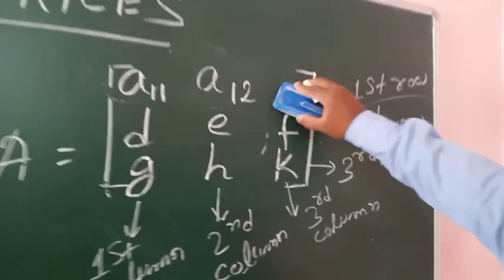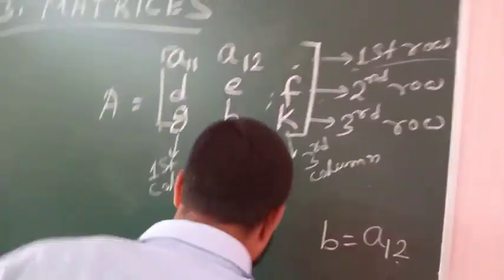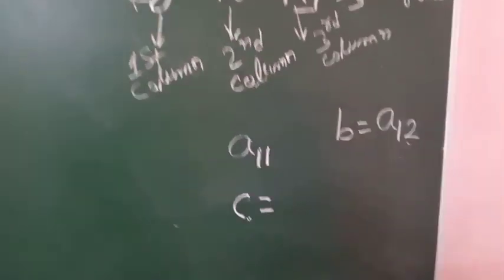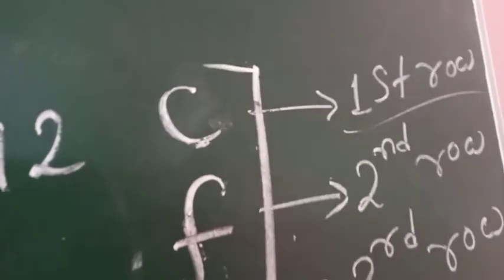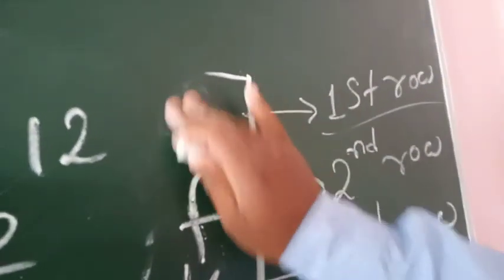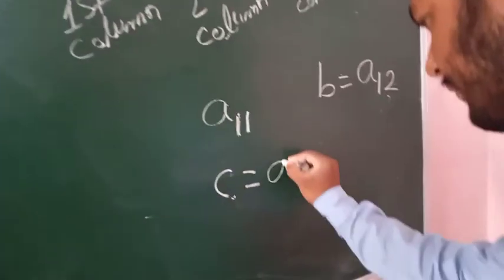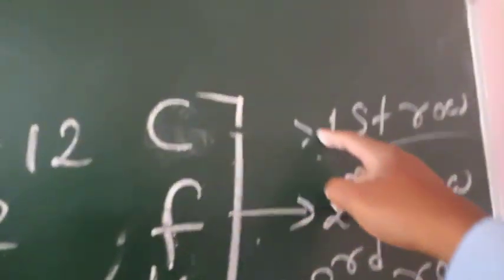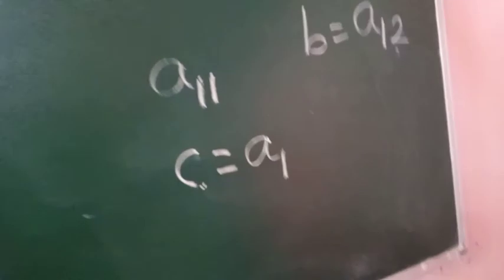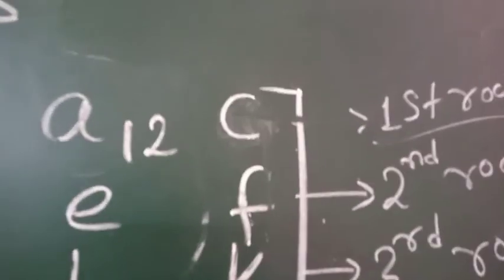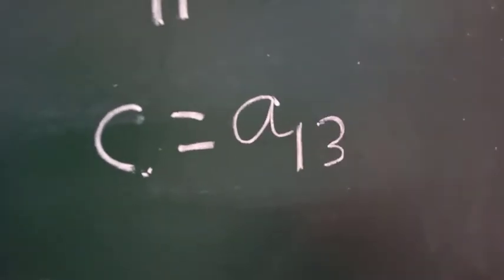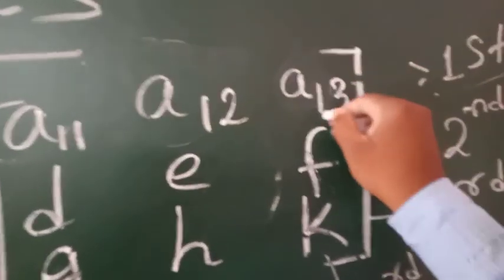Now for C. This C is in the first row and in the third column. So it is A13; in place of C we write A13.